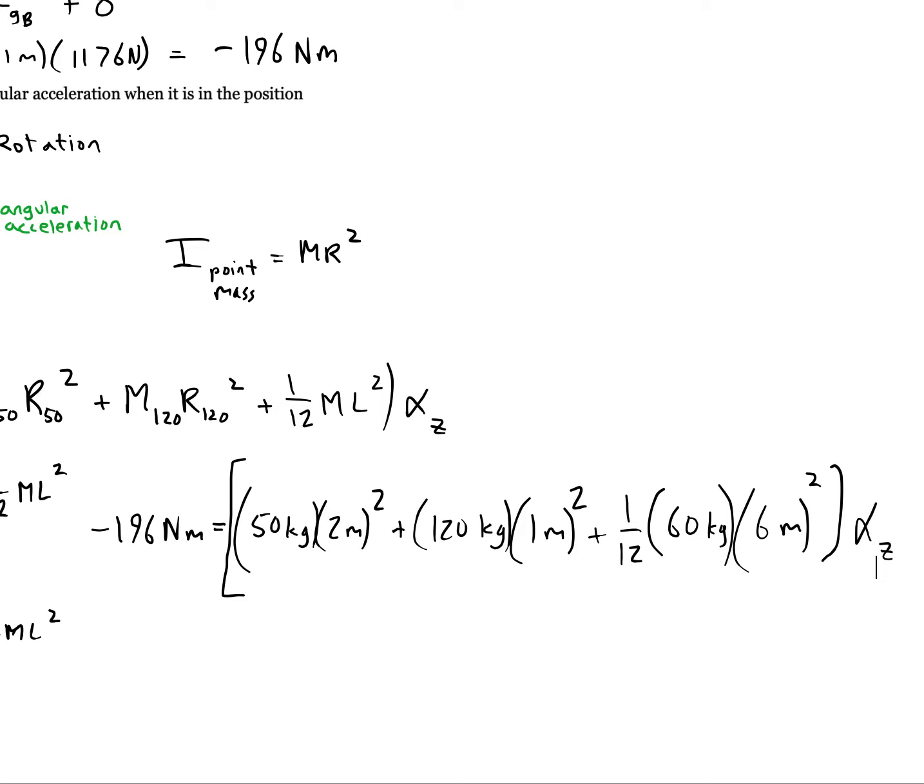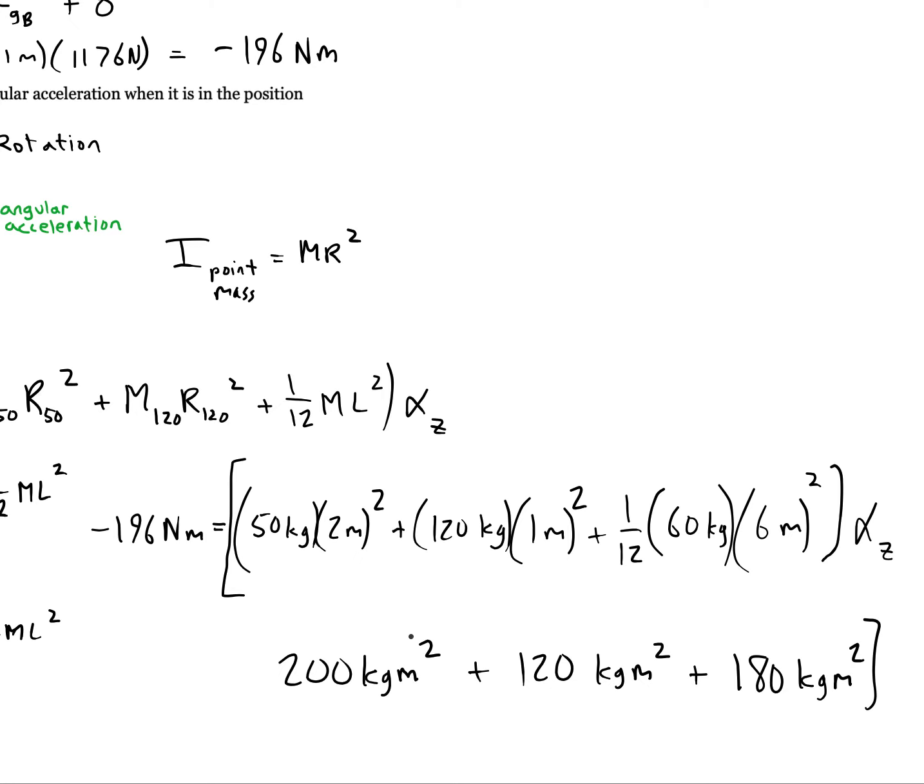Alright, we'll see what contribution each of the objects gives towards the moment of inertia. See, this is going to be 200 kilogram meters squared, which will be the units of moment of inertia. Over here we'll have 120 kilogram meters squared, and then it looks like 180 kilogram meters squared. Now, moment of inertia is just a scalar, not a vector.